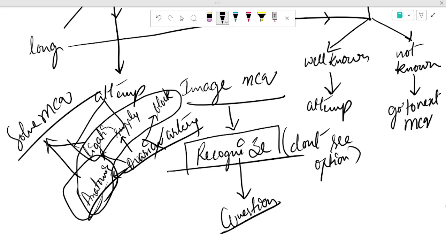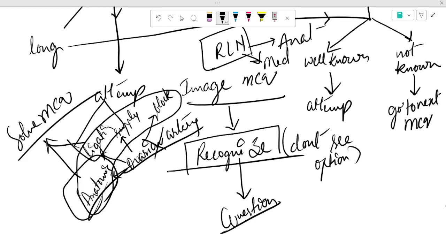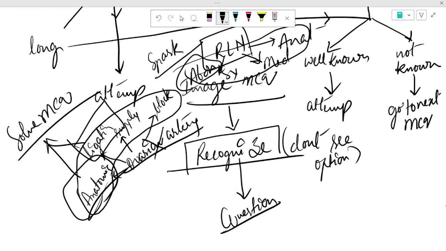For example, an image was given regarding the recurrent laryngeal nerve. You just try to recall all the anatomical aspects, all the medical aspects, all the abnormal aspects, and if any surgical resection was done, all these aspects of the recurrent laryngeal nerve should spark in your mind.